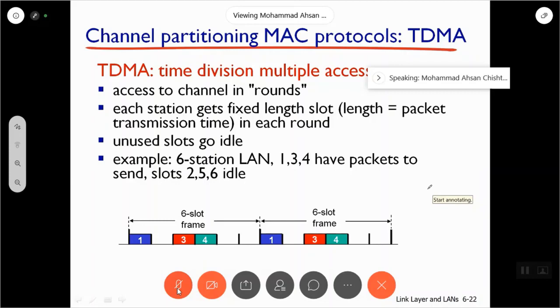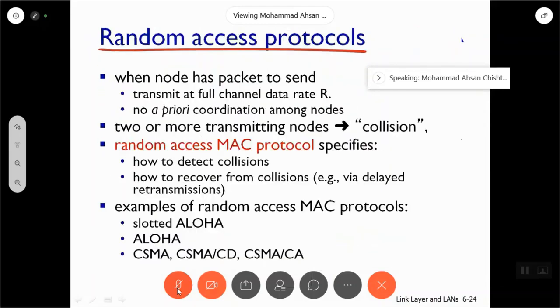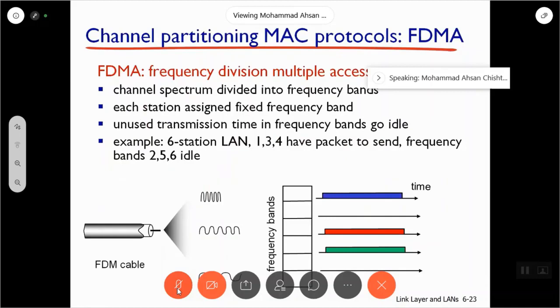We discussed it a few classes back as well. In this case, whether it's TDMA or FDMA, let's say first FDMA. This is frequency division multiple access.